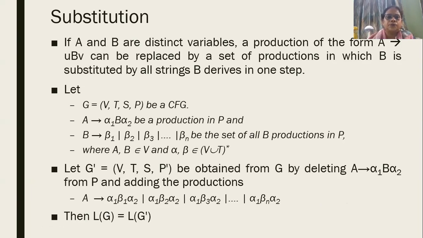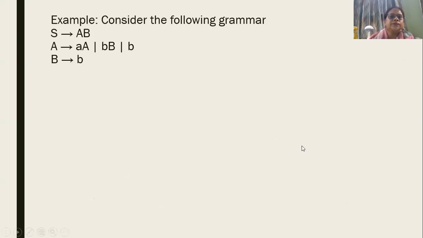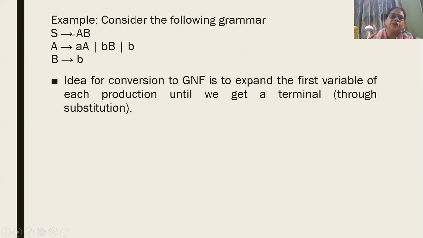So, let's see this example that I had shown you earlier. It's very simple again. The idea for conversion to GNF, if you are given such a production, is to substitute this first variable till we reach a situation where the right hand side contains a terminal as the first symbol.